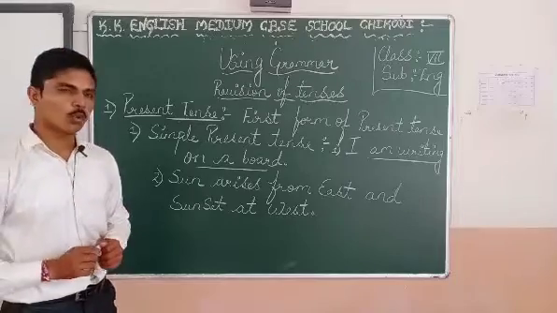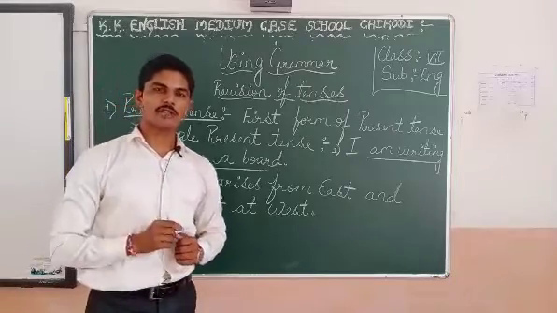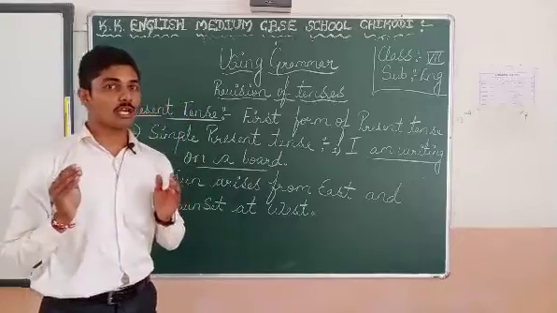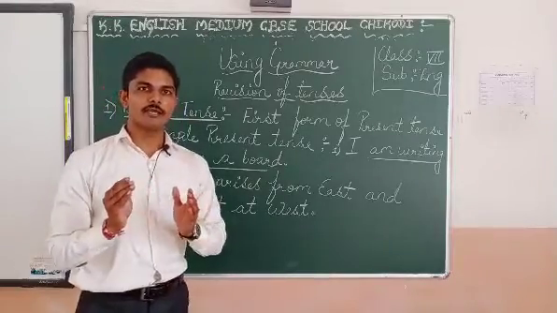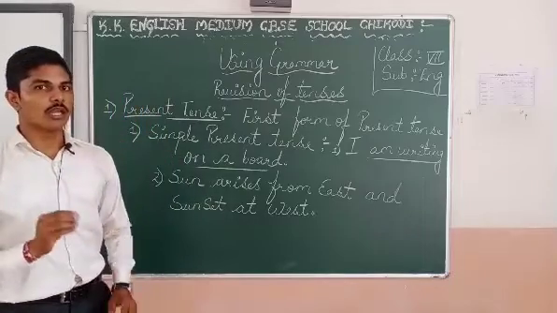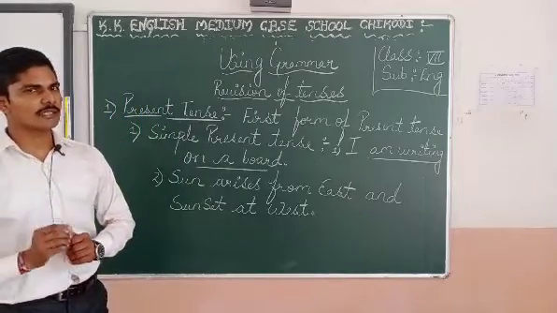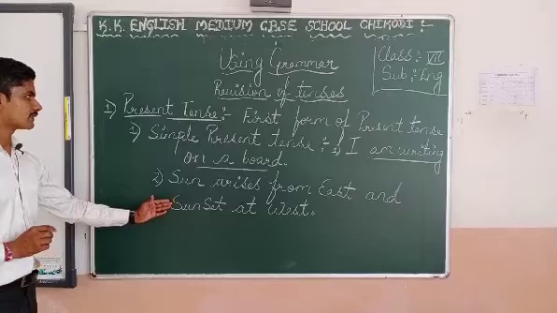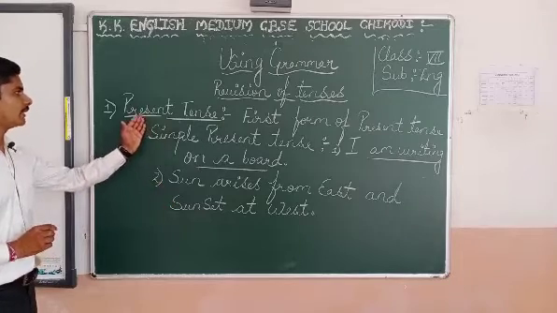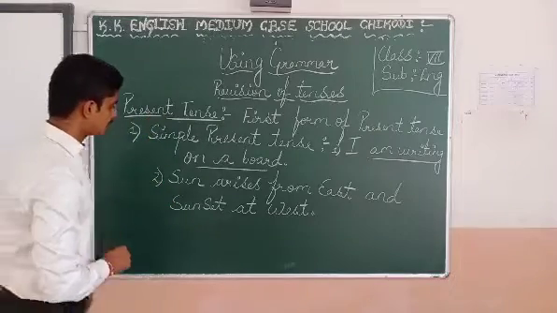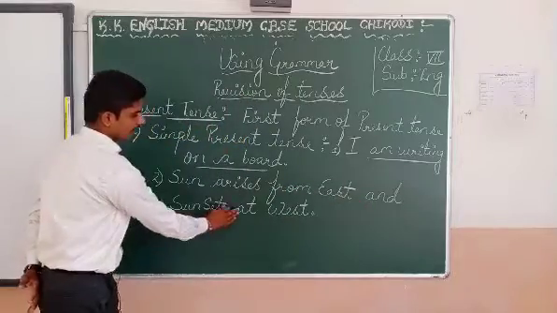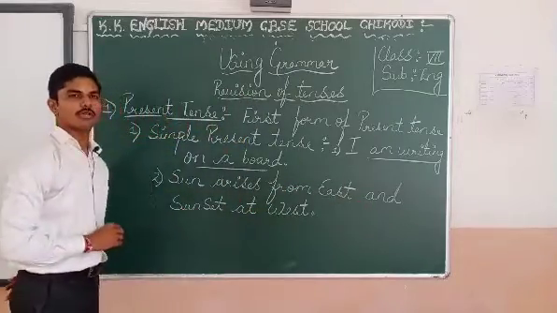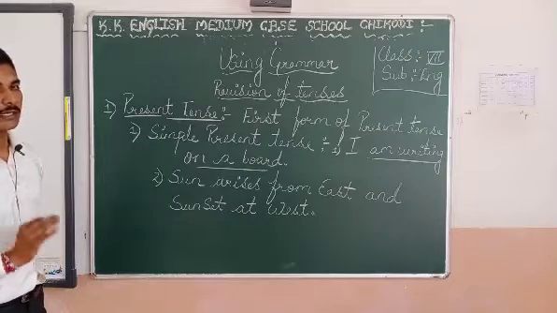And the thing which is true and which is a fact should occur like this only. So there should be one perfect formula for that kind of sentences. We can see these kind of sentences can be included in the present tense. Let's say sun arises from east and sunset at west. So it can be included in the simple present tense.